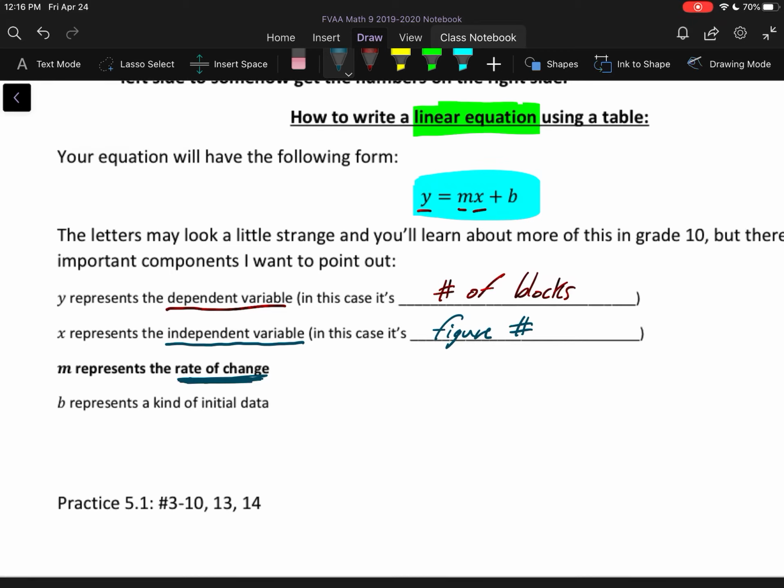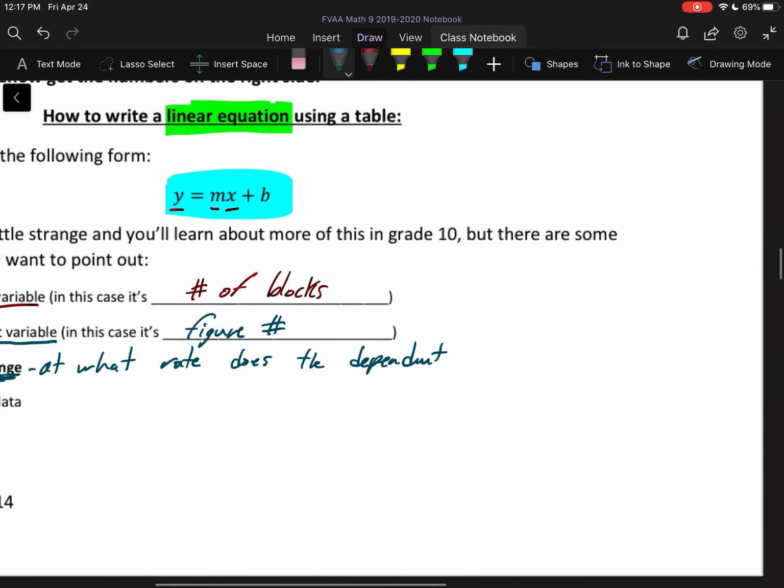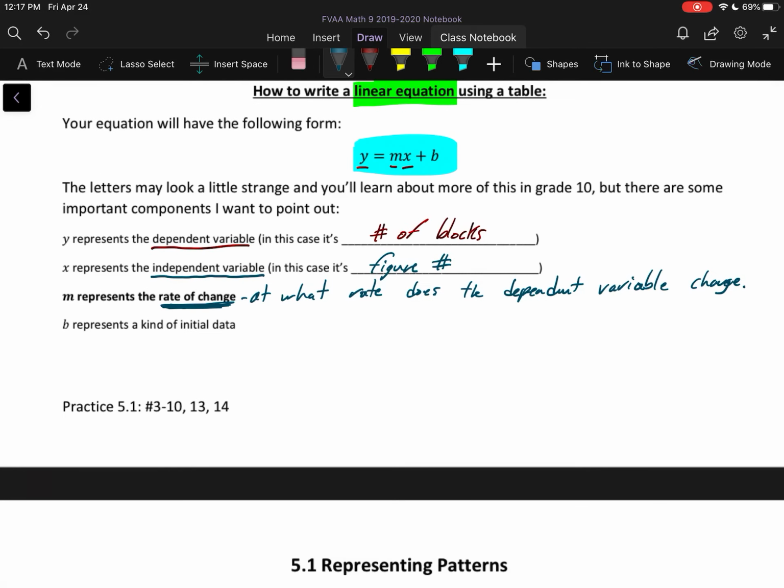At what rate does the dependent variable change? Okay. So that's the rate of change. The other one is the initial value, and that's our b.